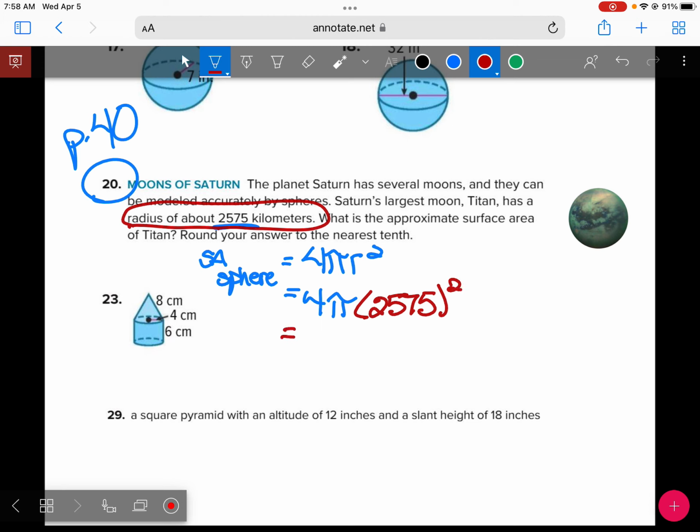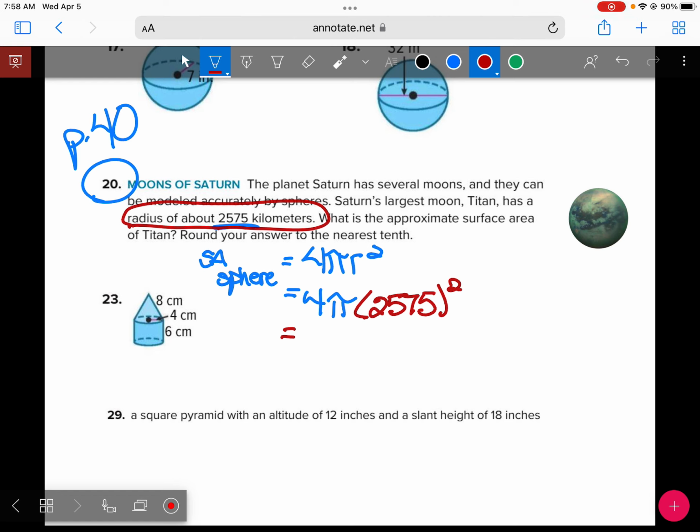And I do not have a calculator. So I need a friend out there. 2575, square that times 4 times pi. Oh, anybody got it? 8,332,289.15.